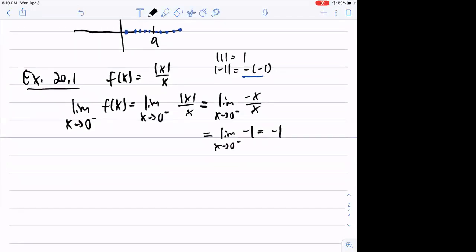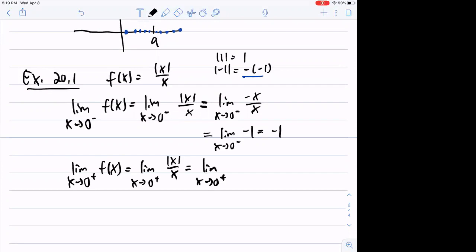And similarly, the limit as x goes to 0 from the right. What you're going to see is this thing. In this case, if you go to 0 from the right, you're approaching with positive numbers, like 0.1, 0.001, 0.0001. So the absolute value of a positive number is just the number itself.